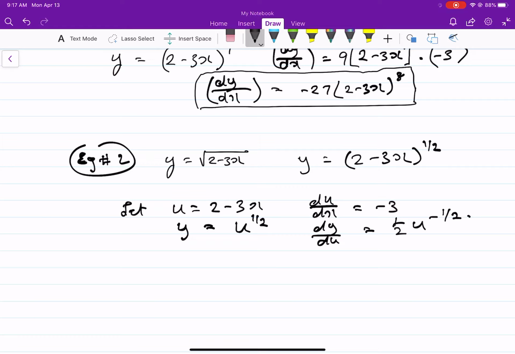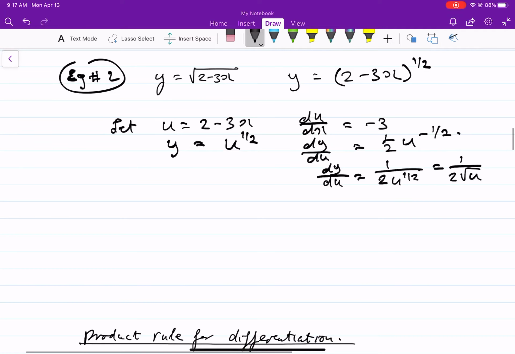We could tidy this up right now. The dy du is equal to 1 upon 2 u to the half, or 1 upon 2 times the square root of u. Okay. Now we're going to put the two together to get dy dx in the chain rule.